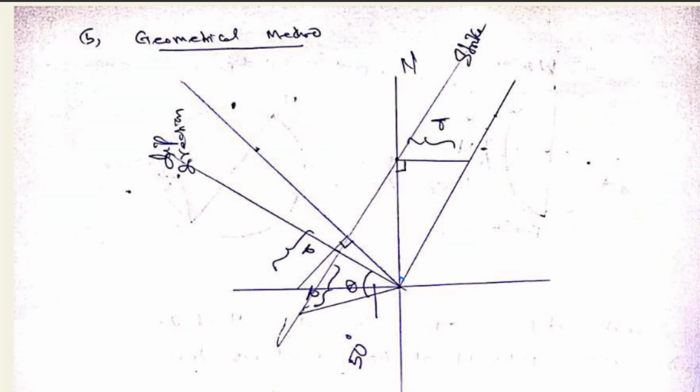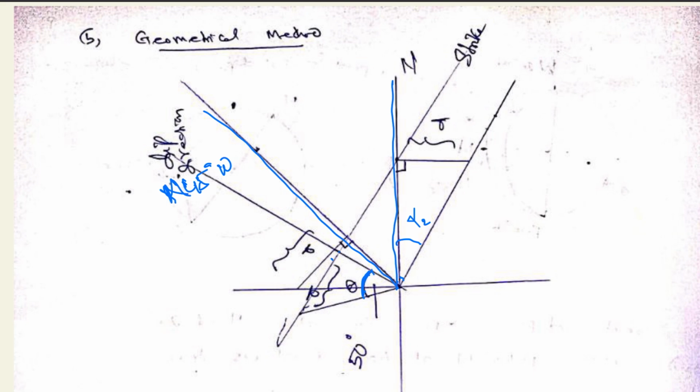So this is the geometrical method. So along north we have the alpha 2, along north 45 degree west this is alpha 1. So this is north 45 degree west, and this angle, this is alpha 2, this is alpha 1.